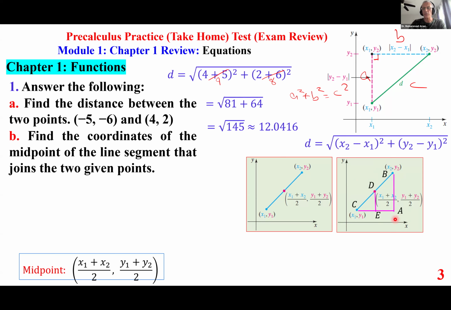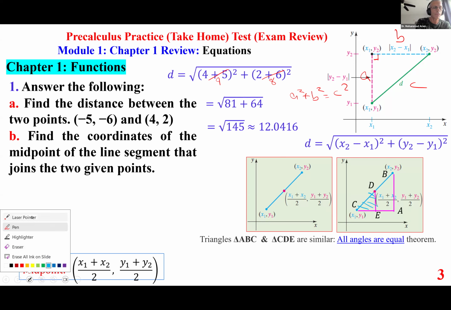Now, the two triangles, the small one and the larger one, are similar figures. Triangles ABC, the big one, and CDE, the small one. They are similar. Why is that?